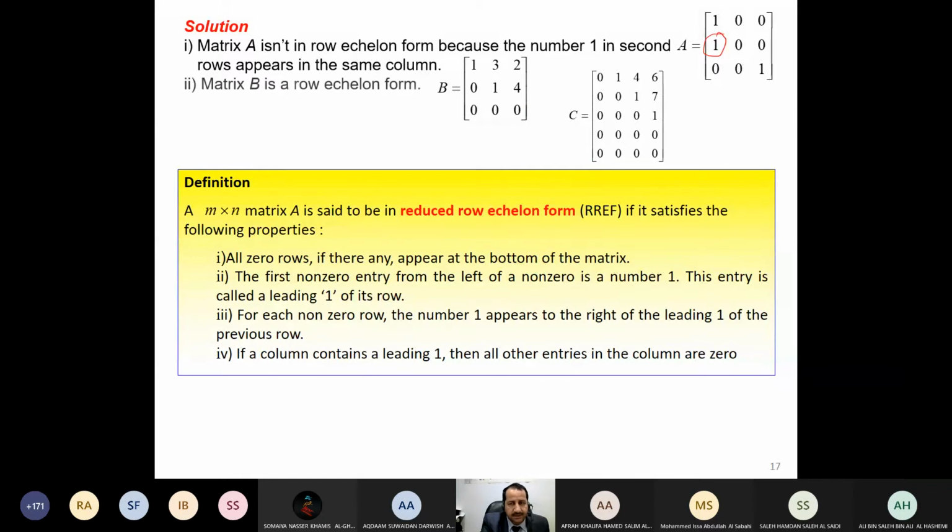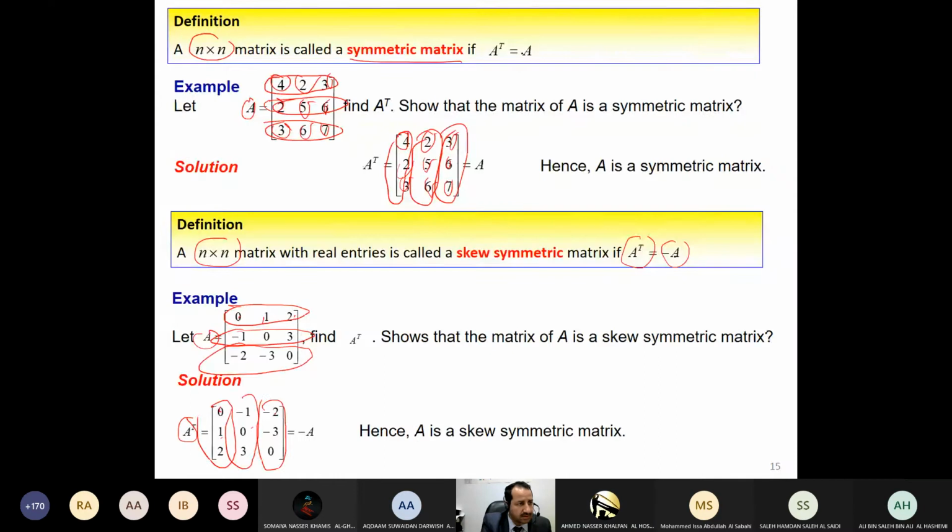Yes? Can you repeat the symmetric matrix? Symmetric matrix? Okay. This is the matrix. When we do transpose, it means changing rows into columns.